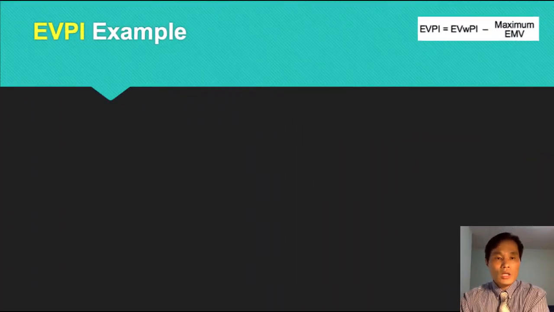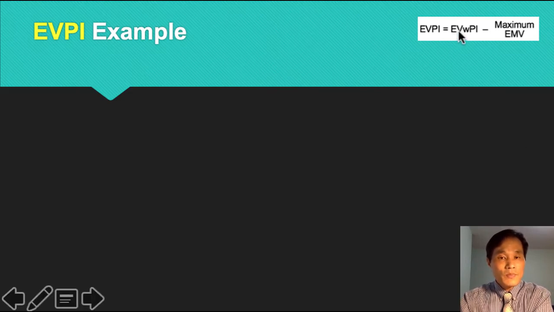Now we are getting at the EVPI example. EVPI is expected value of perfect information, and it's defined as expected value with perfect information minus maximum expected monetary value. So don't get confused by EVWPI.